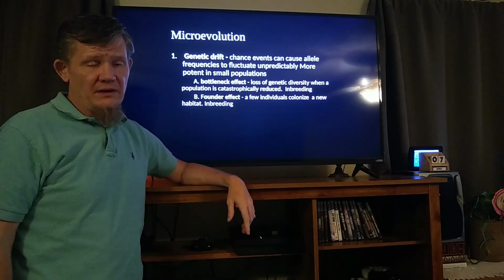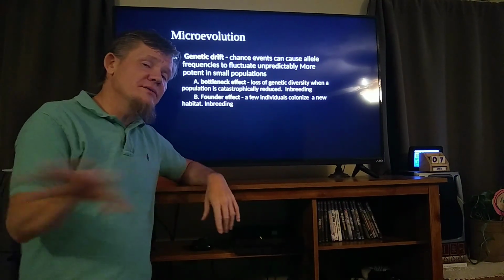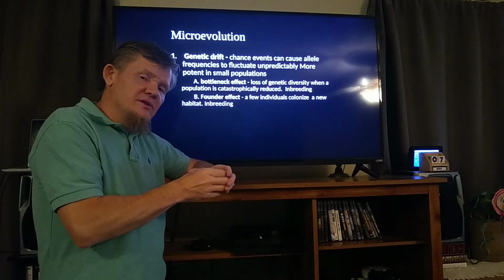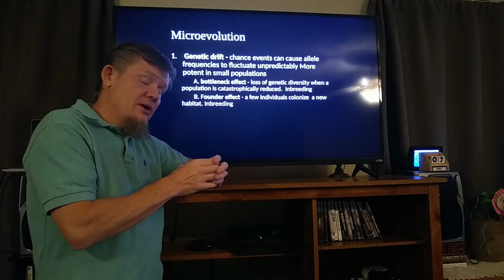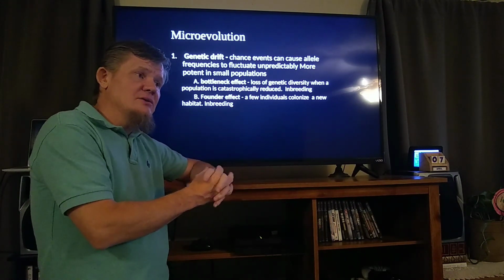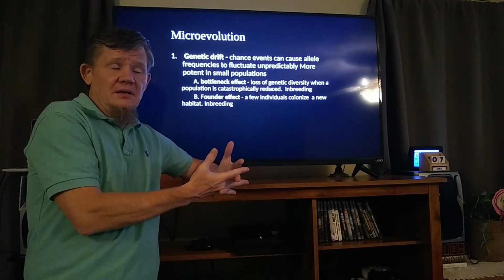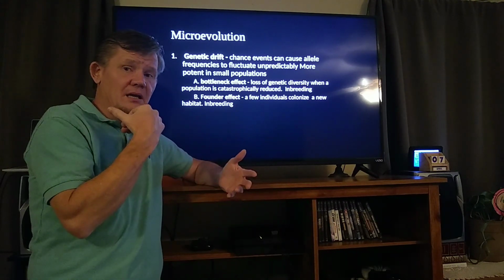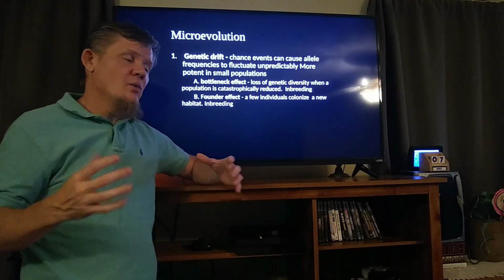The other is called the founder effect, and it's the same idea, except that instead of all of the rest of the individuals dying, this small group of individuals colonized a new area and had no more contact or very little contact with the outside world. Imagine people going and colonizing an island and then burning their boats when they got there, and now they can't go back, and nobody can come to them, and so they are now isolated.